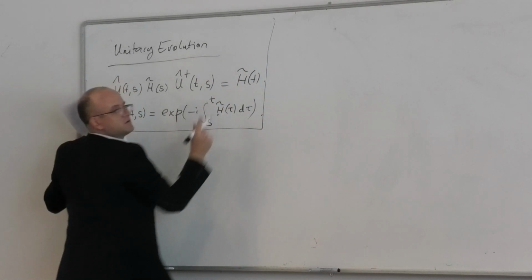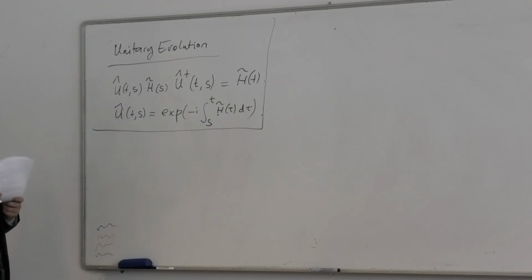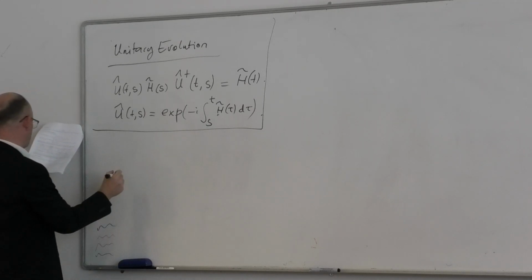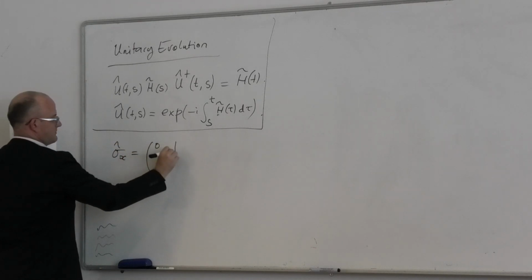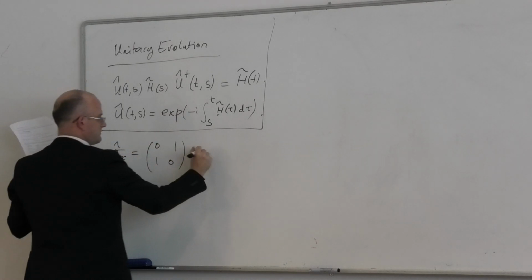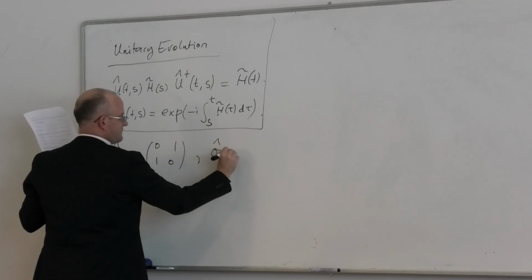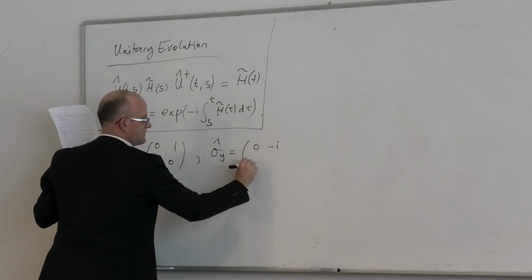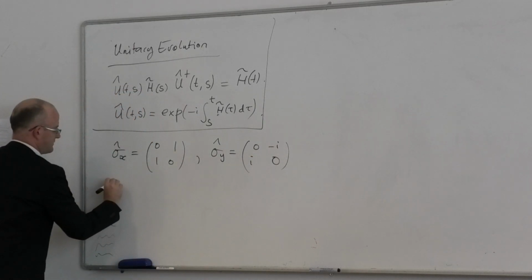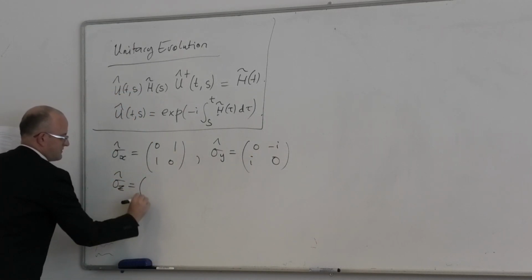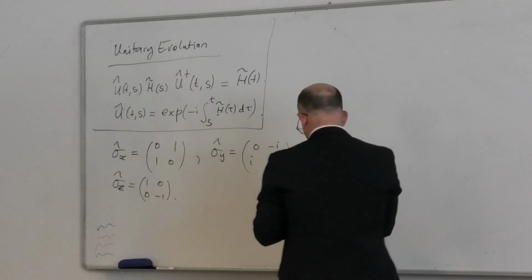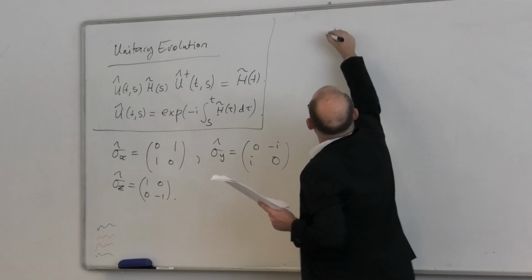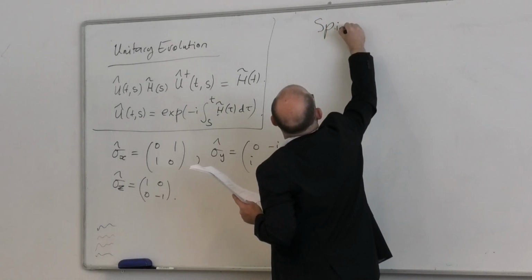Who here has used the Pauli matrices? Yeah, 1, 2, 3, 4, alright. Okay, so in this situation, we have some matrices which we can set up. Sigma X, sigma Y, and sigma Z. Okay, so now what we're going to do is we're going to define what a spinor is.